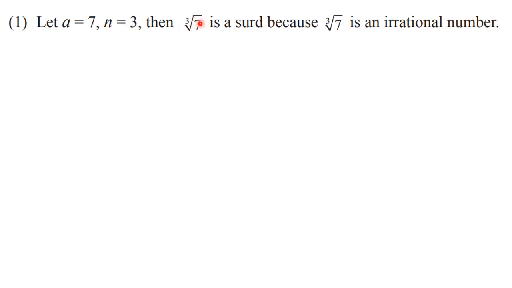Then inside we have 7, a positive rational number. And in all, cube root of 7 is an irrational number, and therefore we can say that cube root of 7 is a surd. Three conditions you need to verify: a is plus 7, n is 3, and cube root of 7 is an irrational number. Therefore cube root of 7 is a surd.